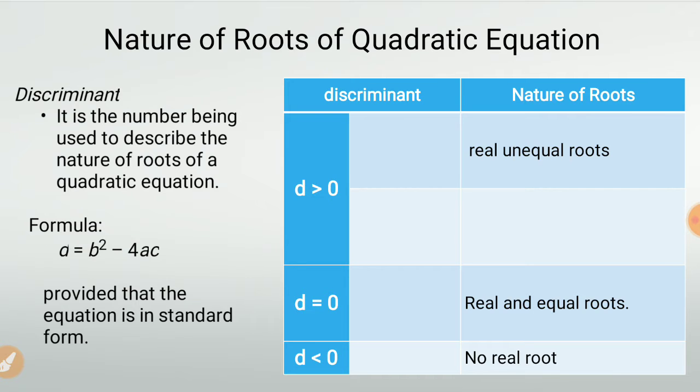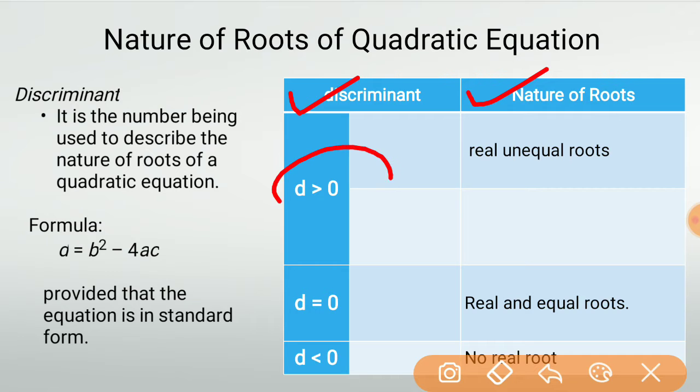For example, here we have a table where this column consists of discriminant, and these are three different natures of the root. Now the first nature, D is greater than 0.